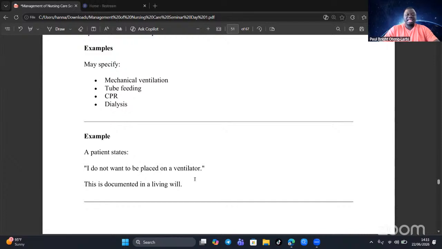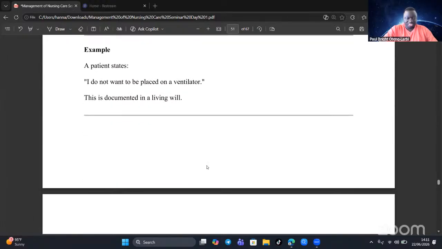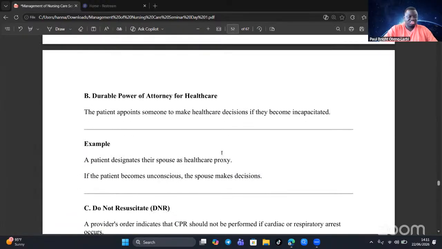A patient states, "I do not want to be placed on a ventilator." It is a will. This is documented in a living will. In the UK, they have a form, the advanced care plan. You draw it there. Everybody can draw one.